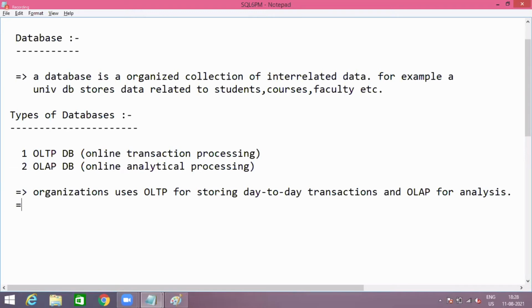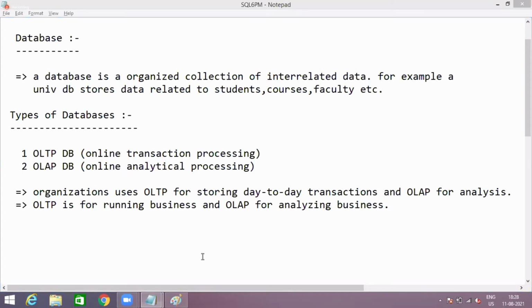OLTP is for running the business and OLAP is for analyzing the business.